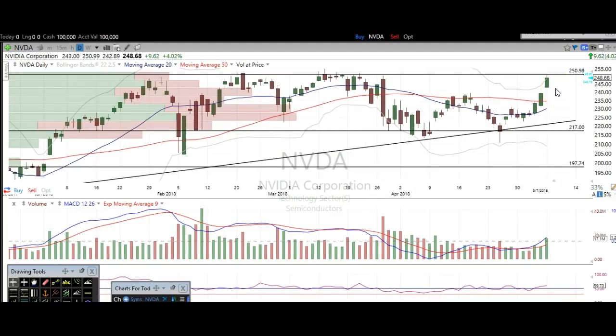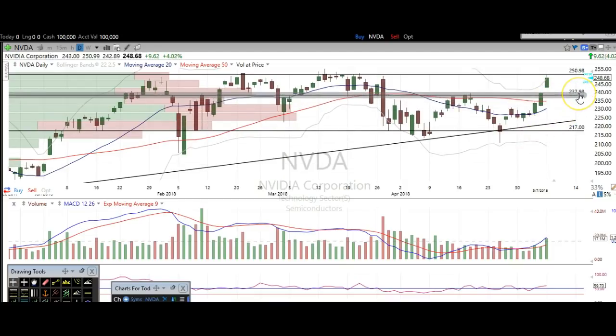I do think that we're probably going to take some kind of a little pause here. Not some huge rejection or anything like that, but definitely looking for some kind of a pause on NVDA. And as far as bounce zones, right about there, about 237 is where I'd be looking for a bounce on NVDA based off of this previous resistance.